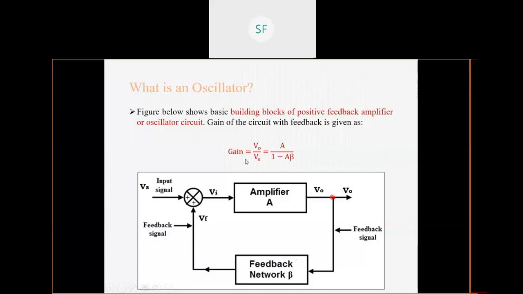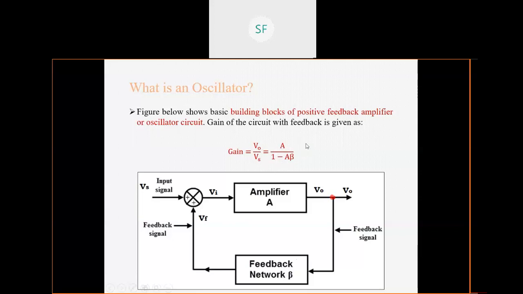Now, for deriving the formula for the gain of this block diagram, here you can observe that the output voltage is V out, that is VO, and the input signal is Vs. So what will be the gain of this block diagram? Gain is V out divided by Vs, and after following certain procedures and some mathematical manipulation, you will get the final result.